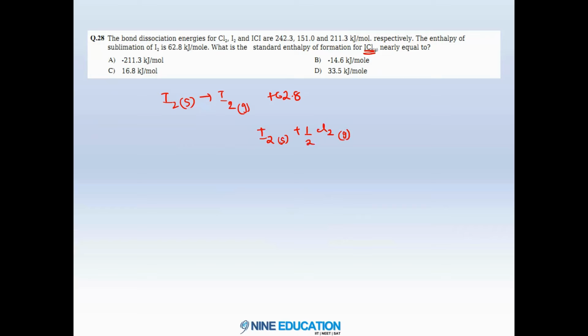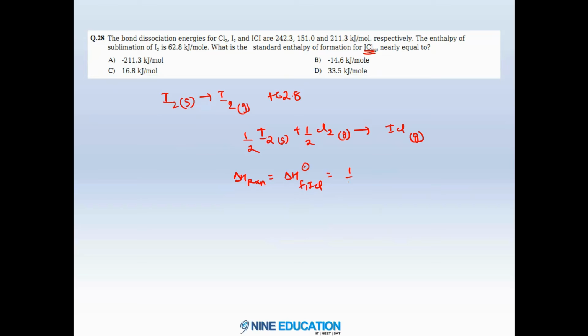Please remember, you have to keep half here, because when you are talking about formation, 1 mole must form from the reference state elements. So this is the reaction, and for this reaction we are planning to find the enthalpy. The bond dissociation energies of I2, Cl2, ICl are mentioned. So the enthalpy of this particular reaction is nothing but the standard enthalpy of formation of ICl, correct?